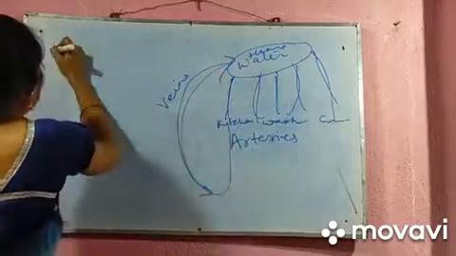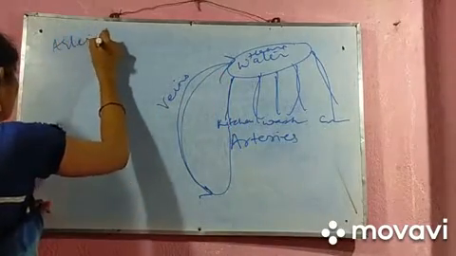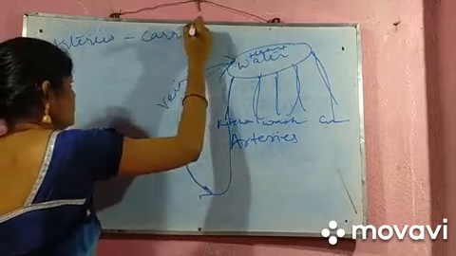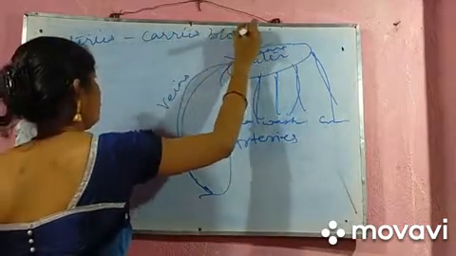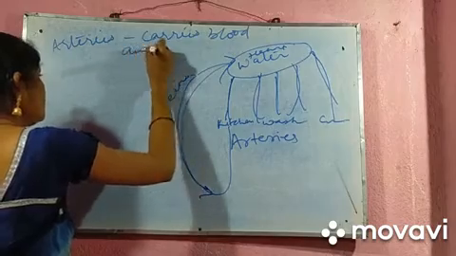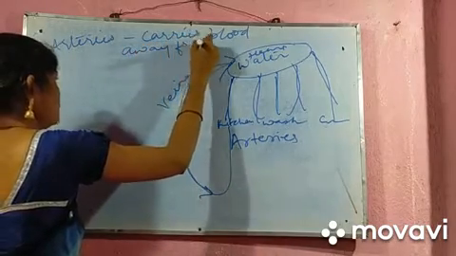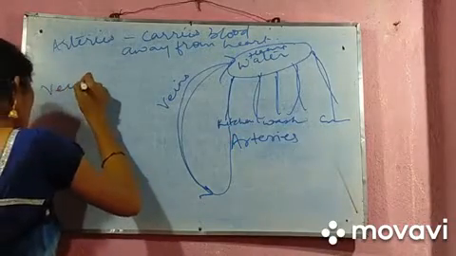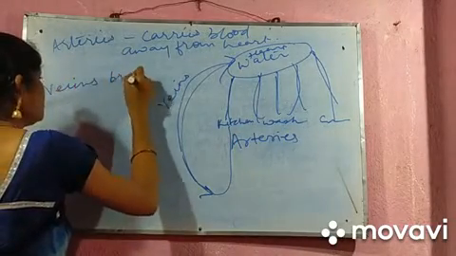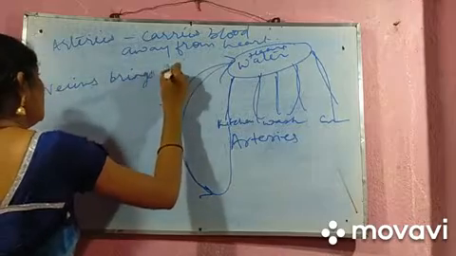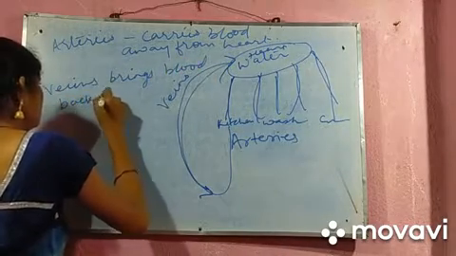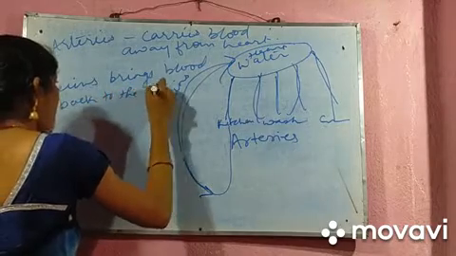That means arteries carry blood away from the heart, and veins bring blood back to the heart.